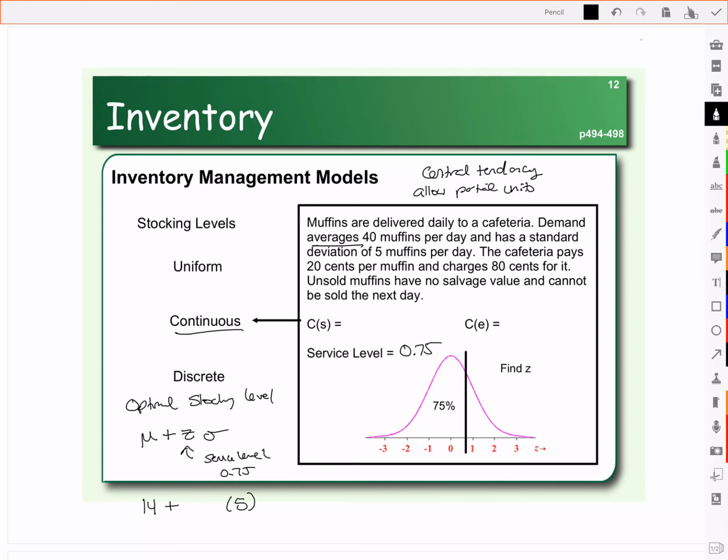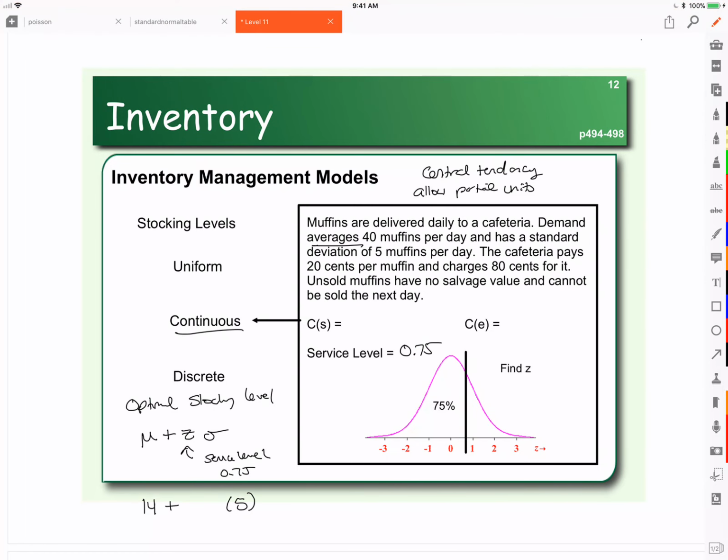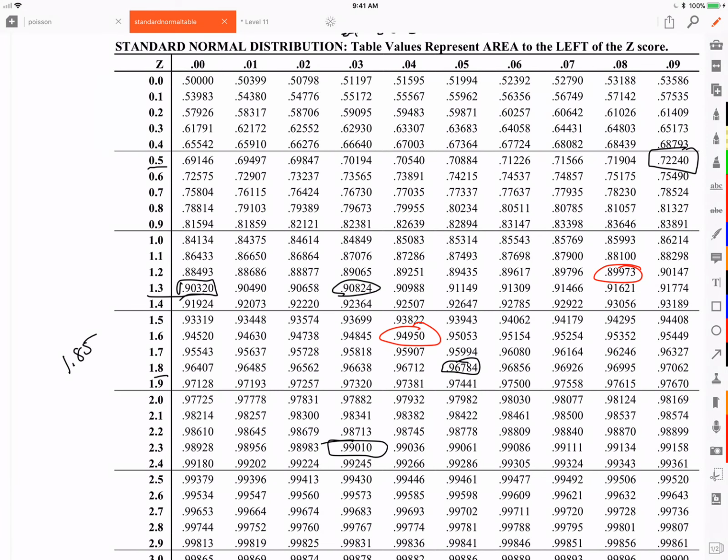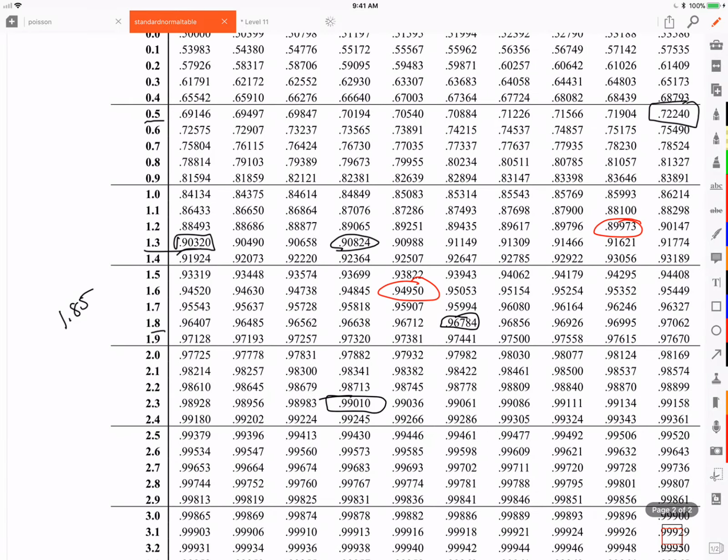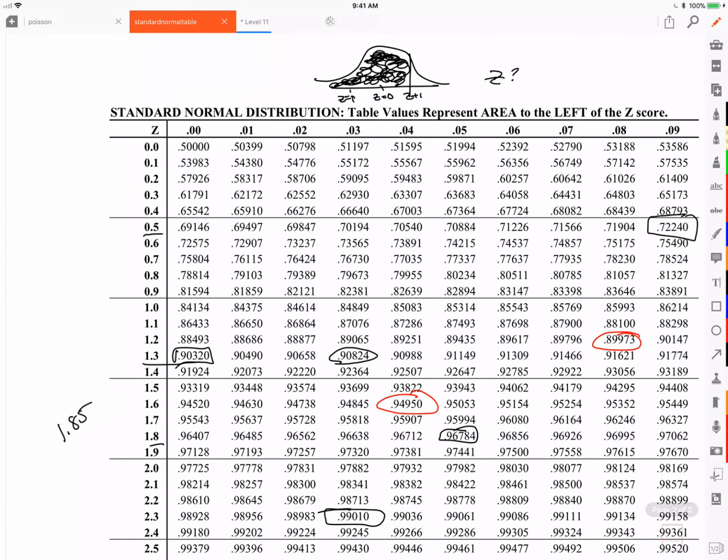And then our z-score is going to be based on that service level of 75%. So let's go to our standard normal table, and this time we're looking for the inside number to be 0.75. Okay, so we need 0.75 and the z-score that goes with it.